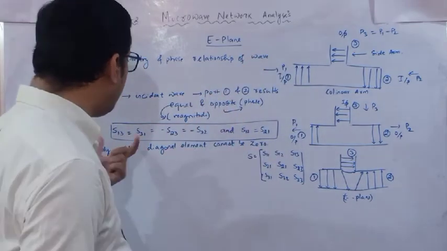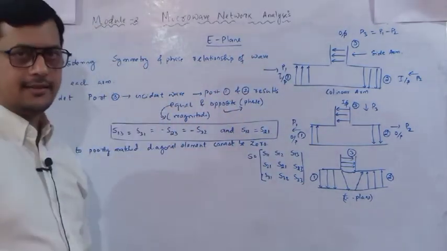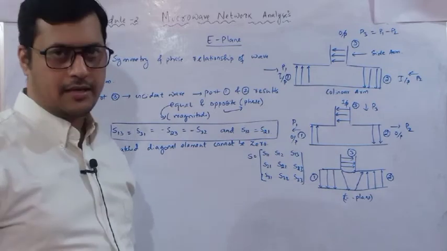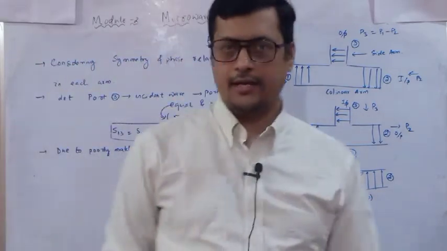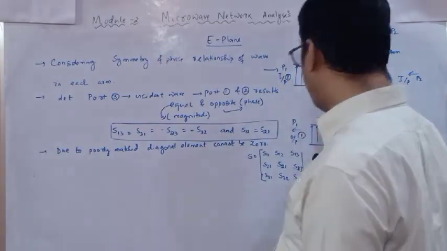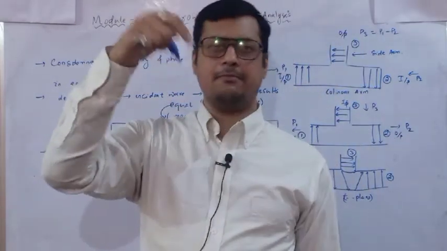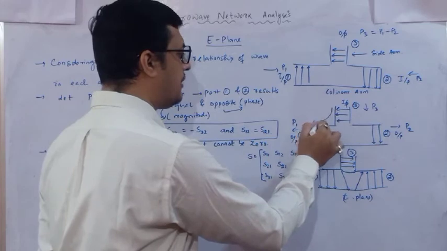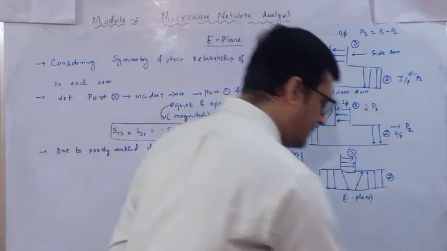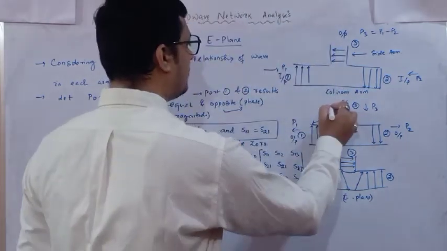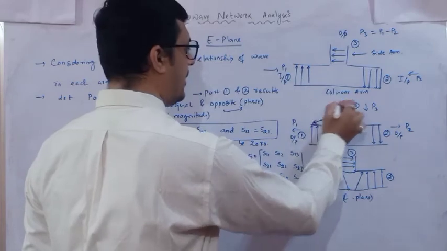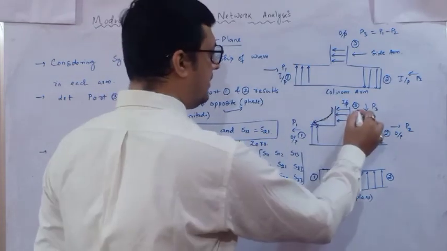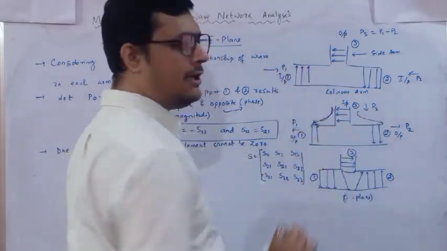Next, if this is the condition, what will be my scattering parameters? That question comes. In this figure you can see that we are feeding the power at port 3. So power is related with respect to ports 1 and 3, and power is related with respect to ports 2 and 3.